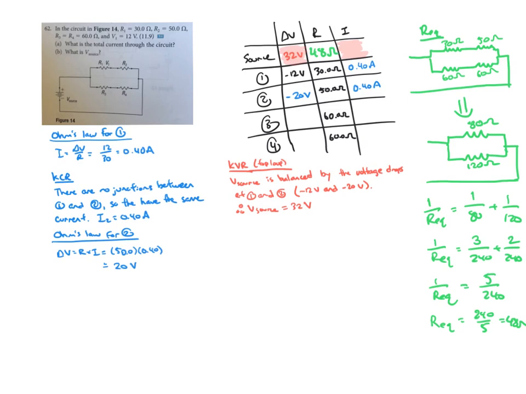And that'll allow me to find the total current. So the current would be 32 volts over 48 ohms, which is 2/3 exactly, actually.